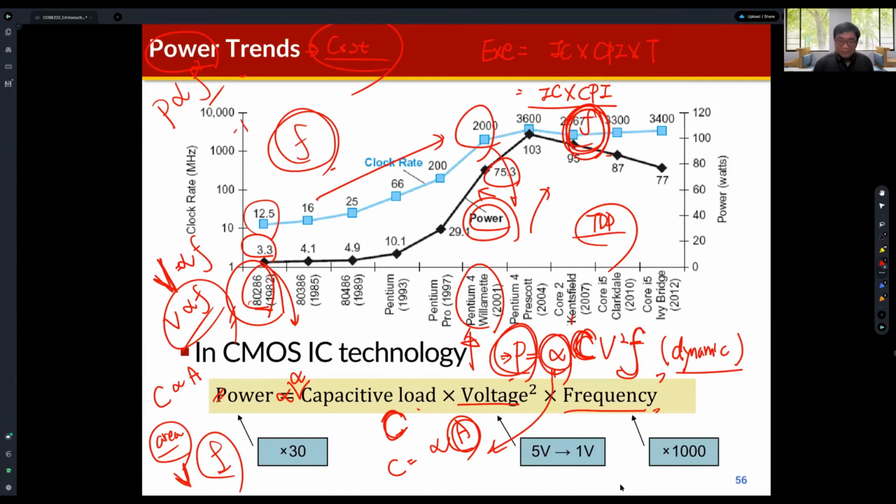Let's see this graph. In 2004, the clock frequency of Pentium 4 Prescott was 3.6 gigahertz. And this clock frequency number is nearly the same as the Intel Core architecture CPUs, right?